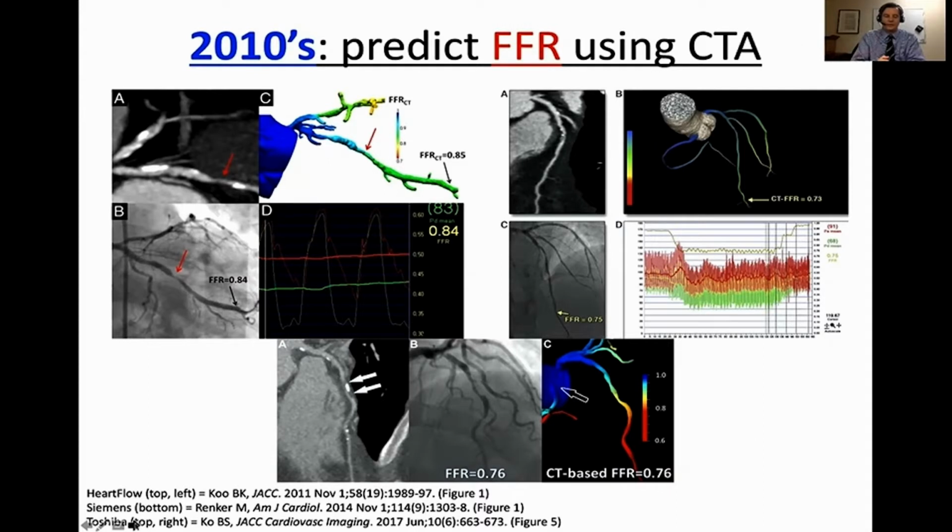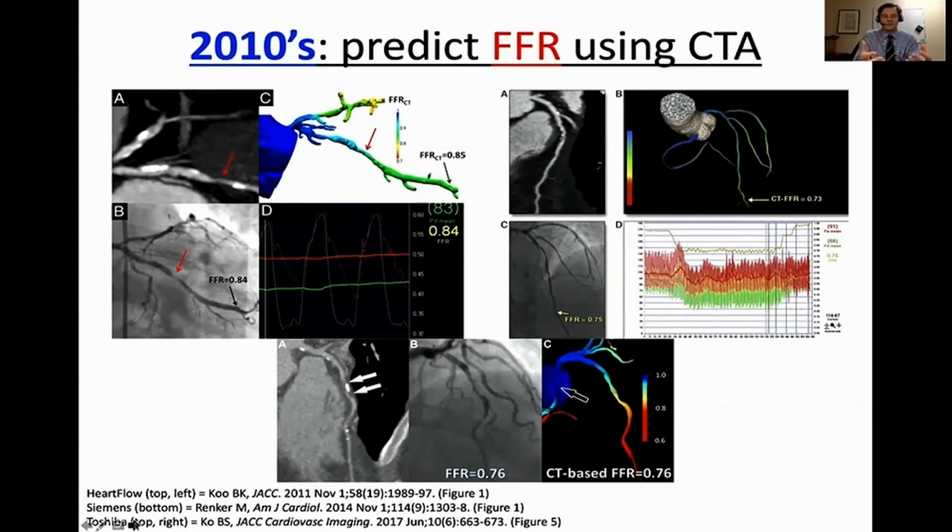Their metric is called FFRct. You can see that image in the upper left from 2011 when they began their first diagnostic validation studies. But since then, other manufacturers as well, Siemens down there in the bottom and Toshiba up in the top right, have developed very similar metrics, largely called CT-FFR. You can call it CT-based FFR.